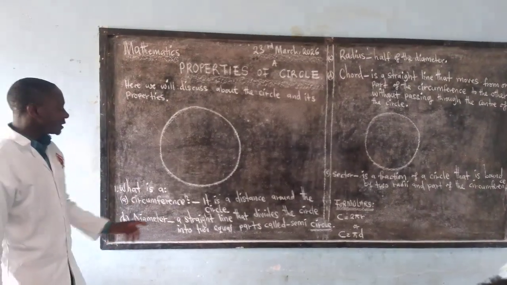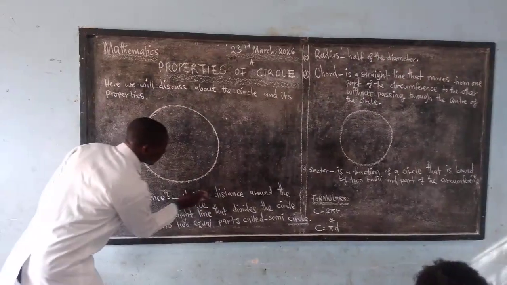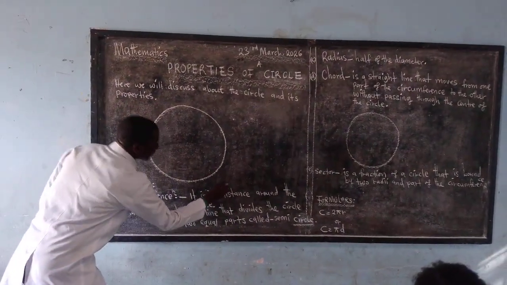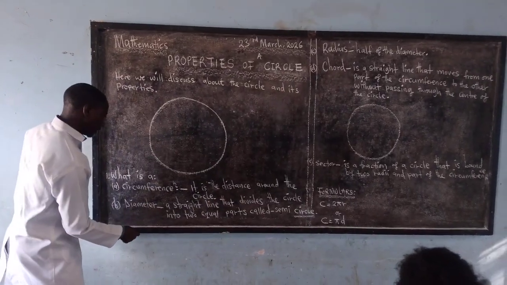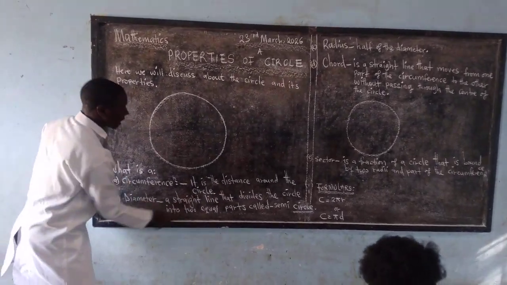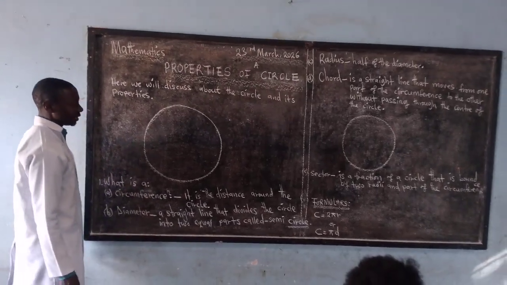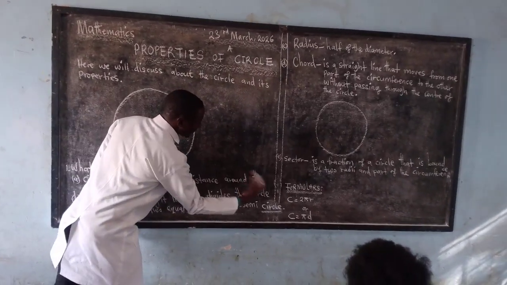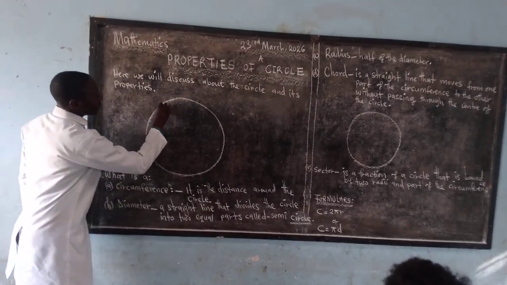A circumference is the distance around the circle.